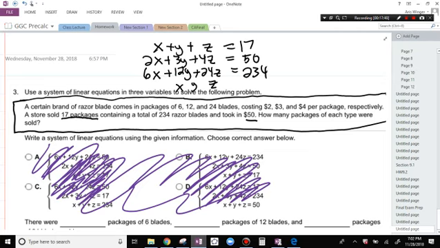X is 7, Y is 4, and Z is 6. Okay. Questions there? Okay. We're good?